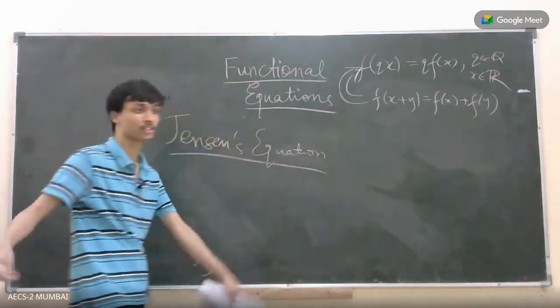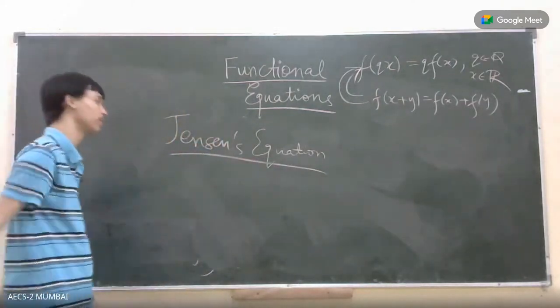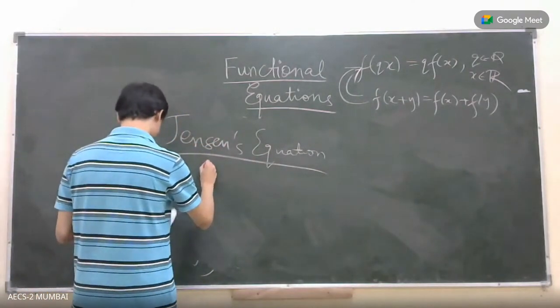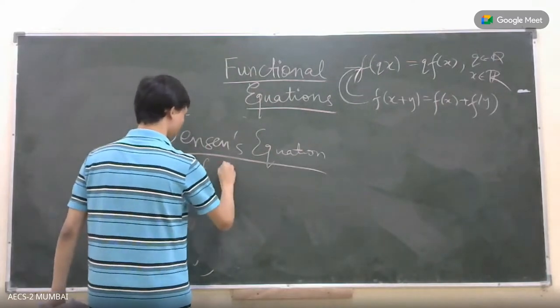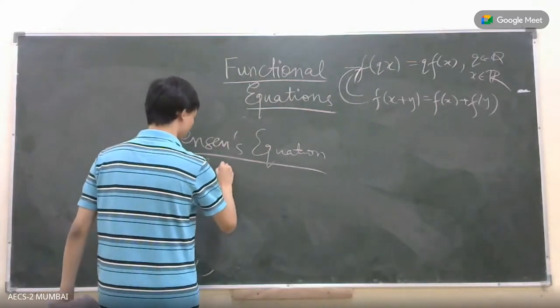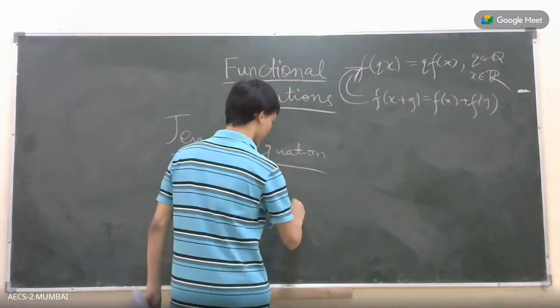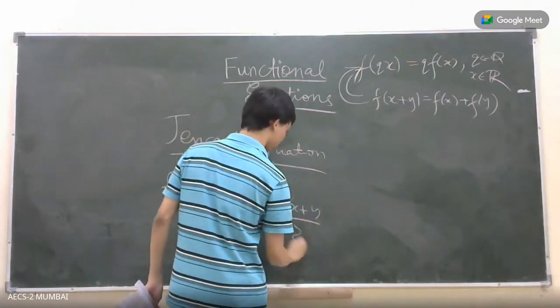You must have heard of Jensen's inequality. So Jensen's equation is f(x) + f(y) = 2f((x + y)/2).